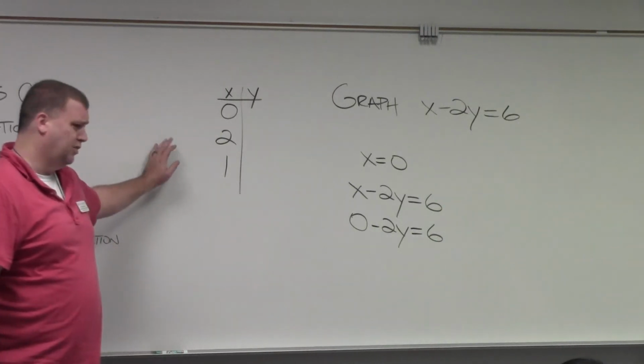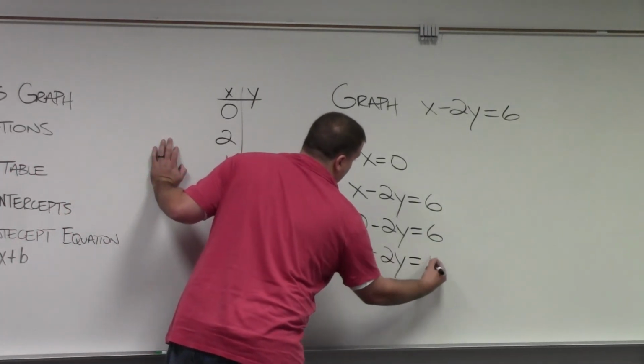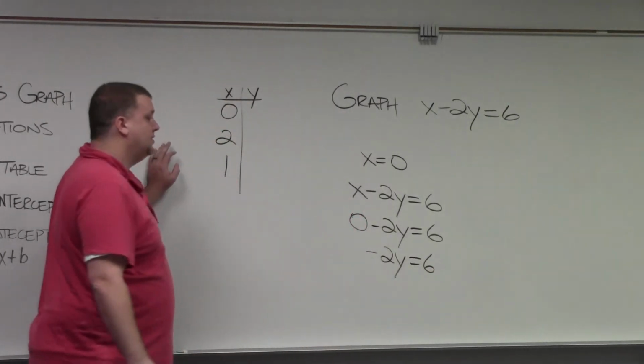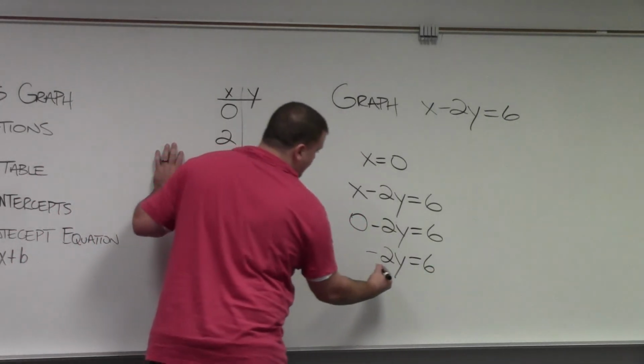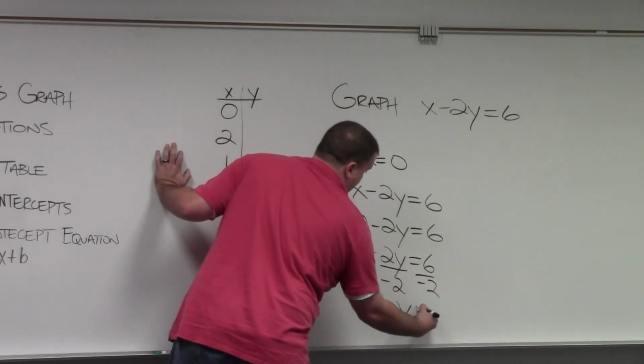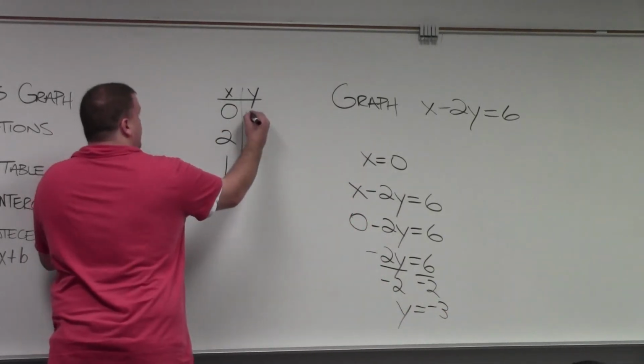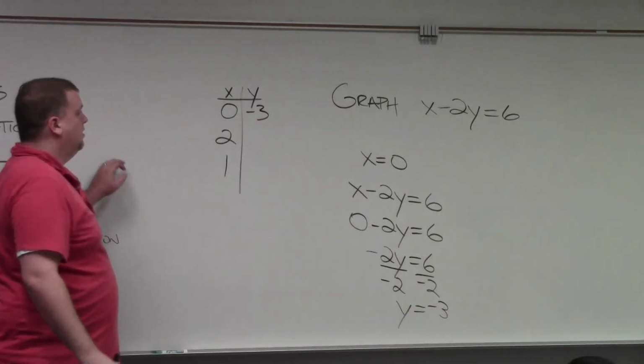Well, that 0 is basically just going to go away and leave us with negative 2y equals 6. And my last step there would be to divide by negative 2. So what do I get for a y value there? Negative 3. So we're going to put that negative 3 right next to 0.